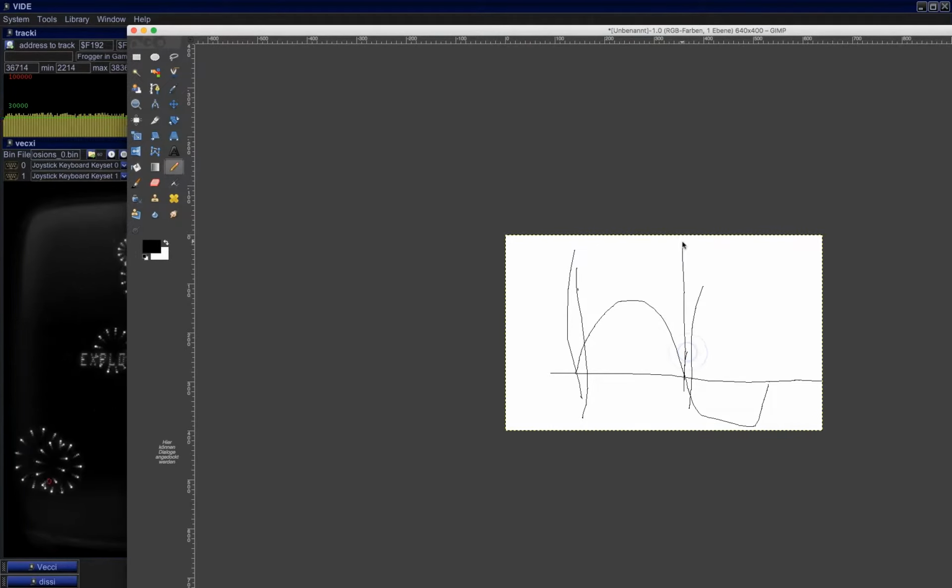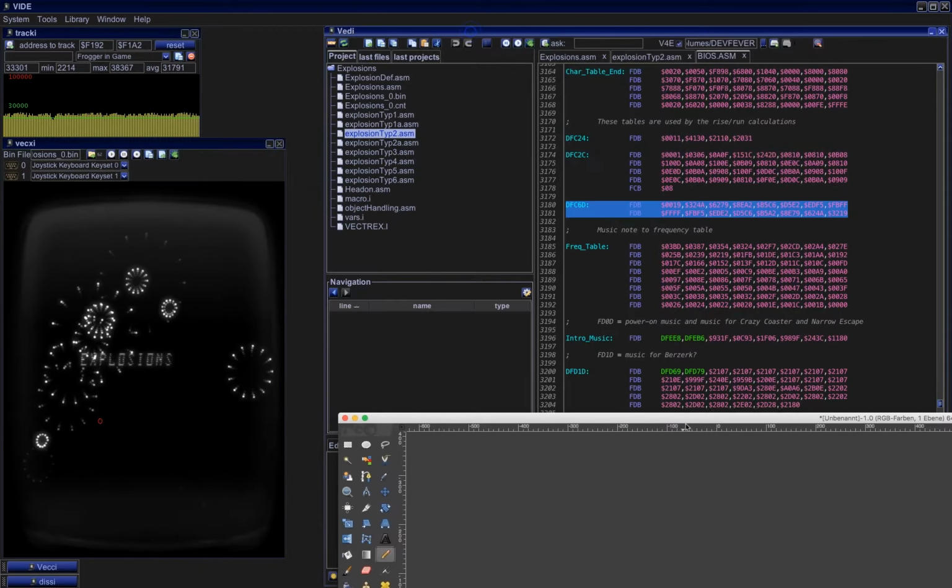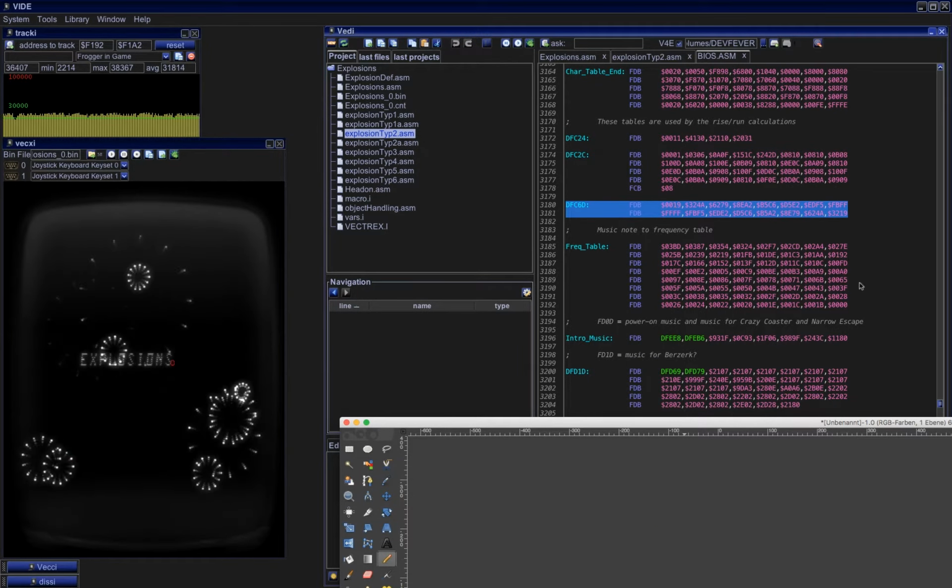This here is 180 degrees. This is 90 degrees. If you want to get the second half, you just have to negate these values and you have the second half of the sine. If you want a cosine, you just have to add 90 degrees, or in respect to this data, $10.